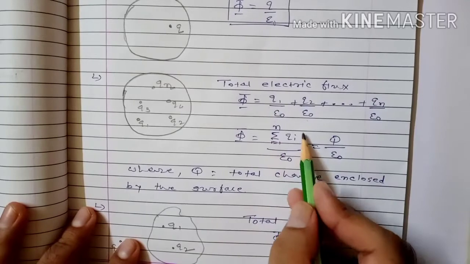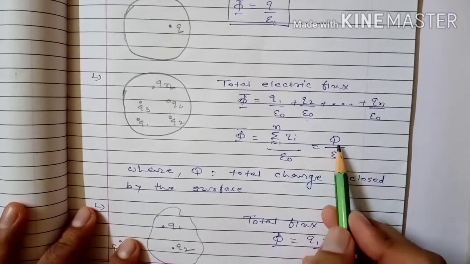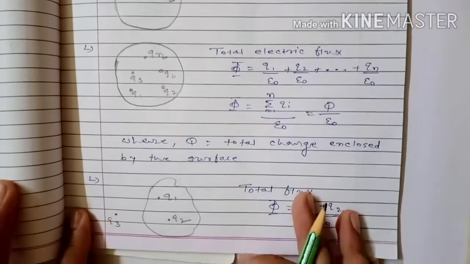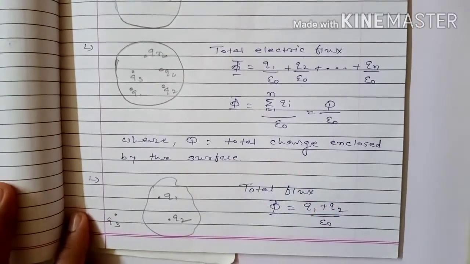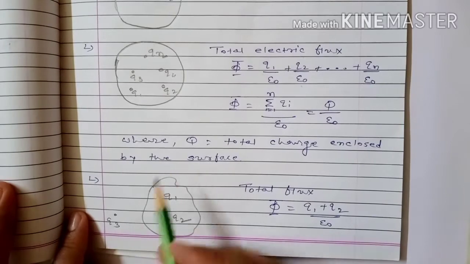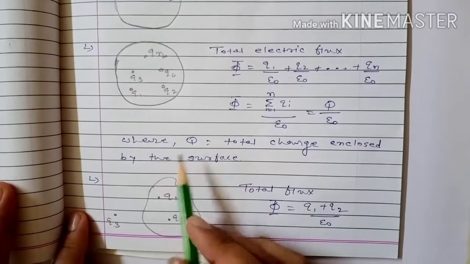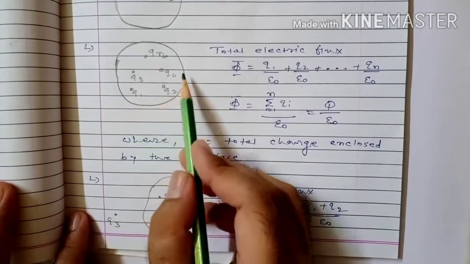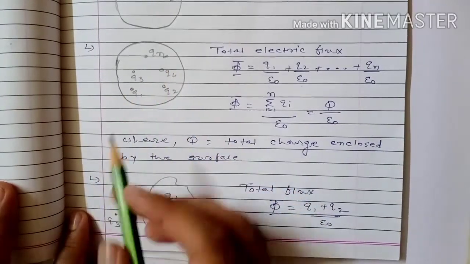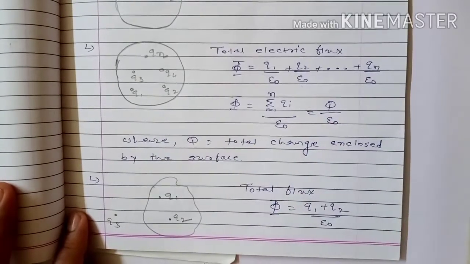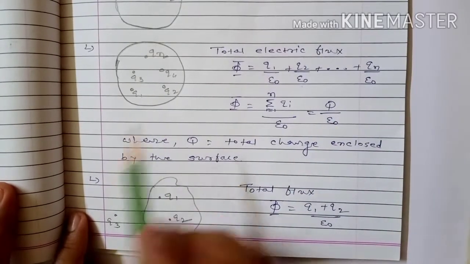This is the total summation of charge that I am taking as q, so it can be written as q by epsilon naught, where q is the total charge enclosed by the surface. Whatever is the total charge inside this closed surface, we have to take the summation of that charge divided by epsilon naught, that will give you the total electric flux associated with this closed surface.